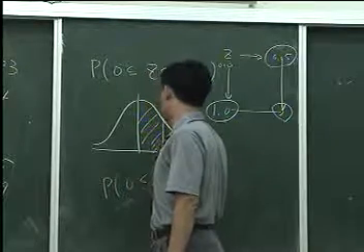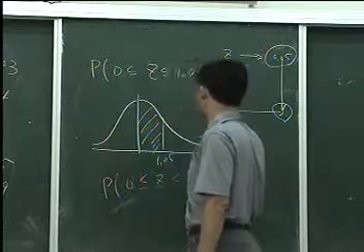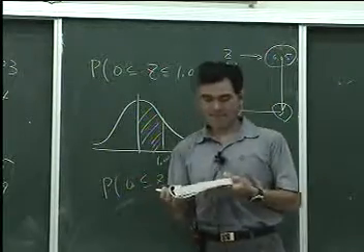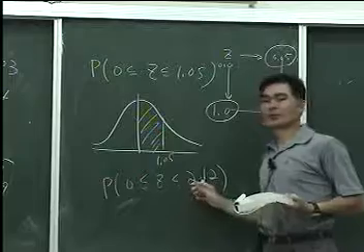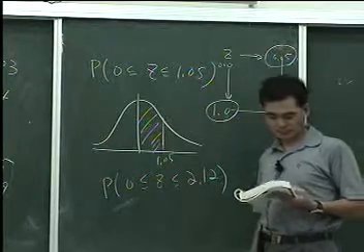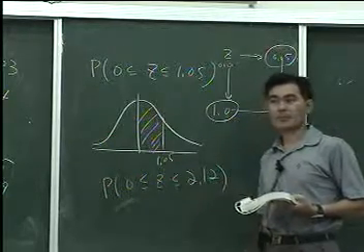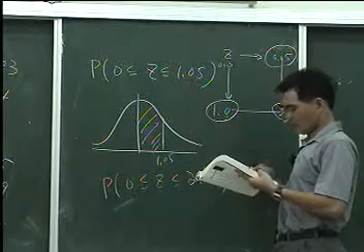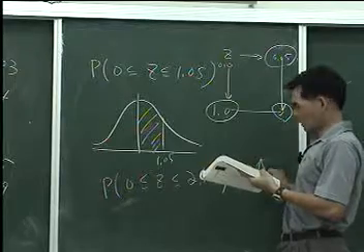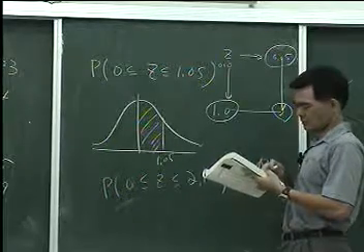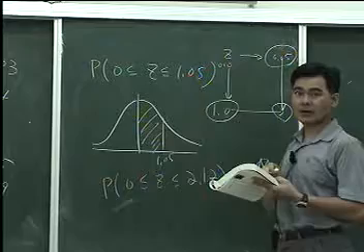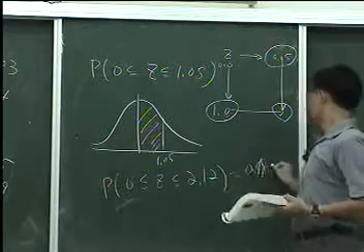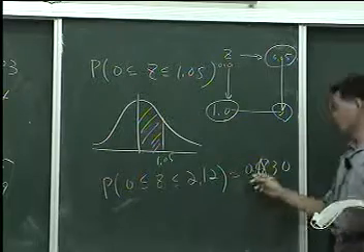P of Z up to 2.12. So it should be 0.4830.